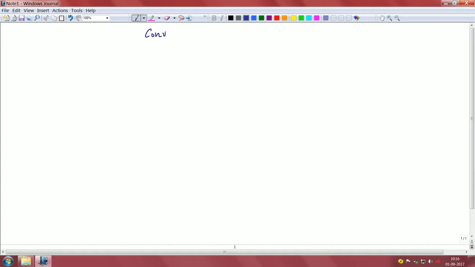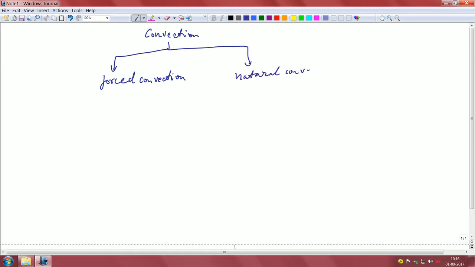Now, the course structure will be: we will first do what we call forced convection. This is convection under the influence of something, it can be a pressure gradient, velocity gradient, whatever it is. We will also cover a class of problem after that called natural convection, which is essentially buoyancy driven.